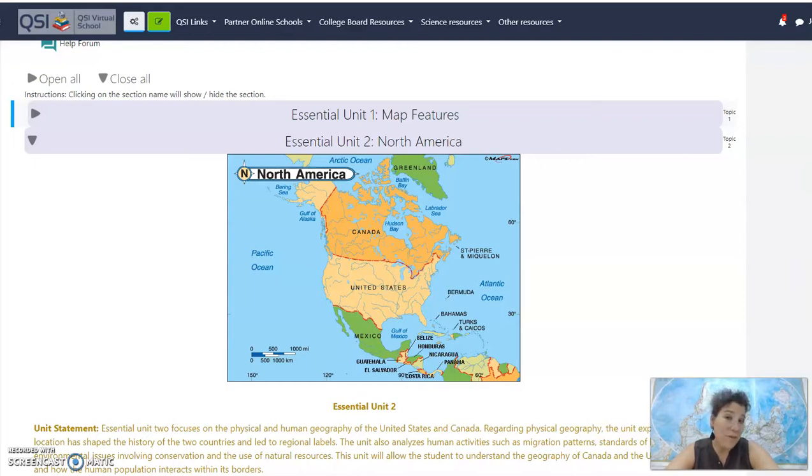So if you make it through successfully and master Essential Unit 2, you will find it to be, I don't want to say easy, but you will create a certain momentum as you move from unit to unit, as all of the units will be structured the same way. We will just look at different parts of the world.